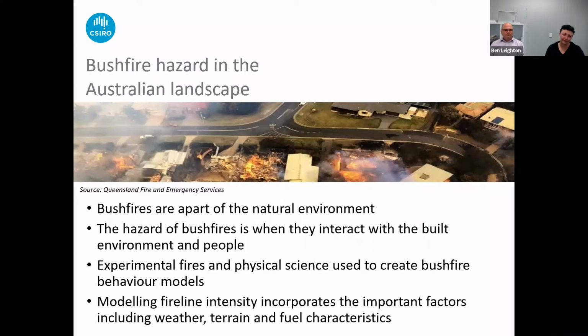We've thankfully got some science and experimental fires behind us to be able to develop bushfire behaviour models. A lot of evidence lets us know that fire line intensity is a good value to measure that potential hazard, and it incorporates basically the essential elements: the weather, the terrain, and the fuel characteristics.